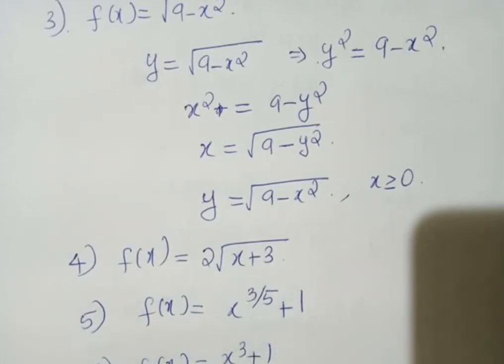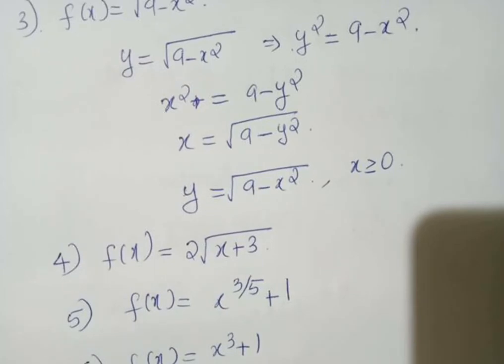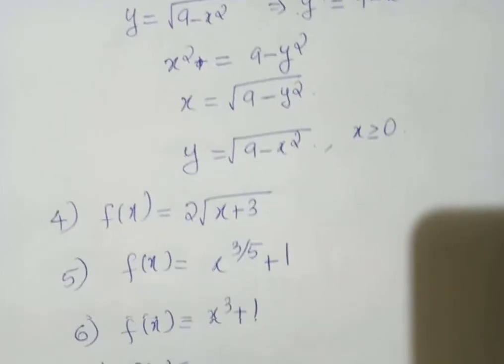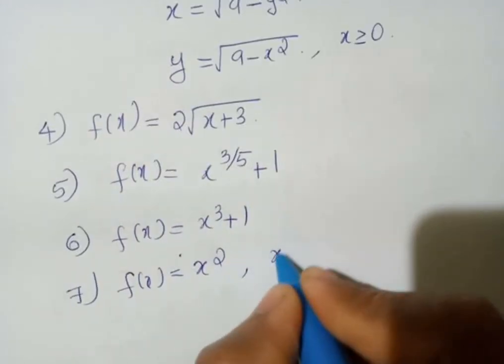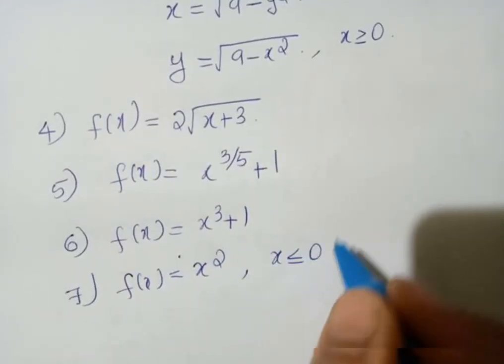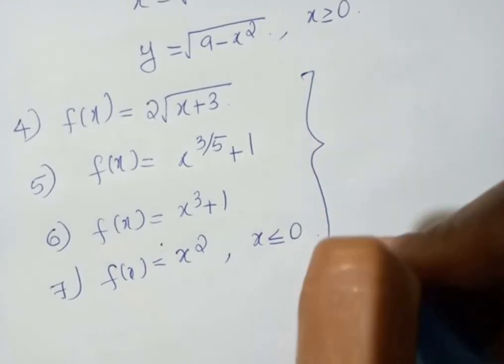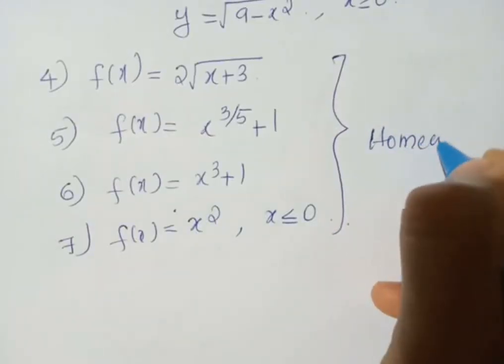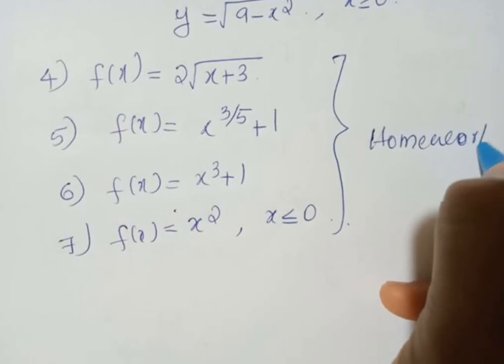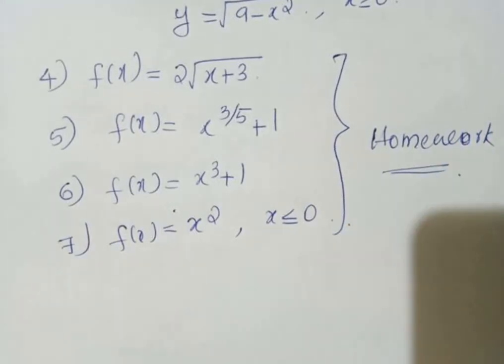Seventh one is f of x equal to x square where x is greater than or equal to 0. These are homework for you all. Do it today itself.